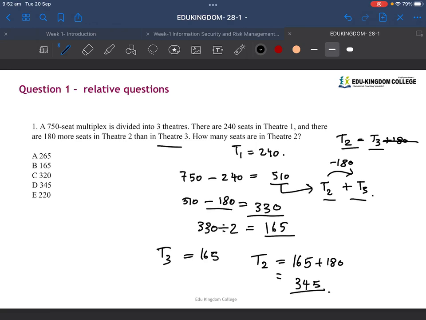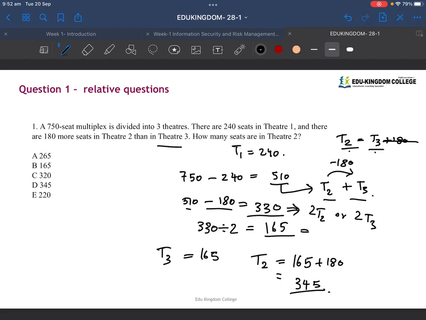Okay? So, just to explain again, because we know that T2 was equal to T3 plus 180, if I subtracted 180 from the 510, it will mean that T2 is equal to T3. And if T2 is equal to T3, then this must signify 2T2 or 2T3, okay? But what's the issue here?